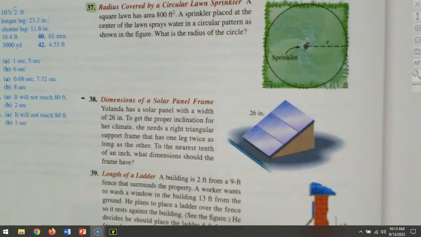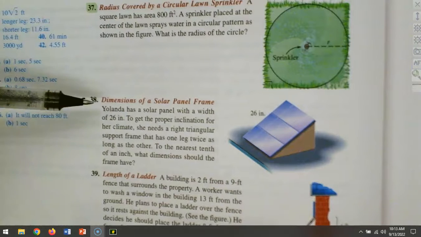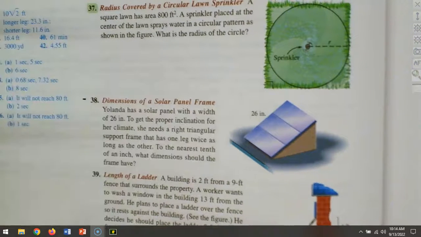When we work these out, again, we may end up with 2 solutions, but only one of them may work, because you can't have a negative length or width. So what we're looking at is building the frame for a solar panel. So Yolanda has a solar panel with the width of 26 inches. So that's given there.